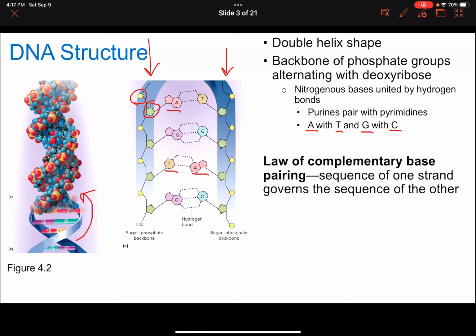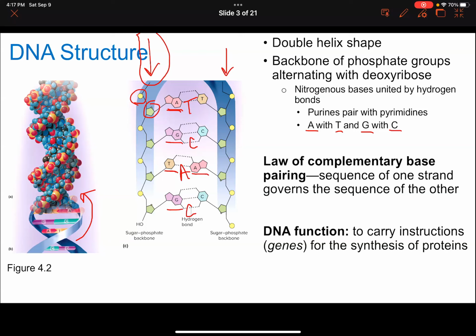So for instance, if we were only given this strand here on the left, and it has A, G, T, and G, we would know without looking at the second one that it would have to be pairing to a T, a C, an A, and another C. Simply because of what nitrogenous bases pair with each other.